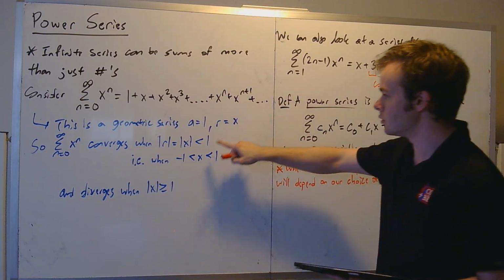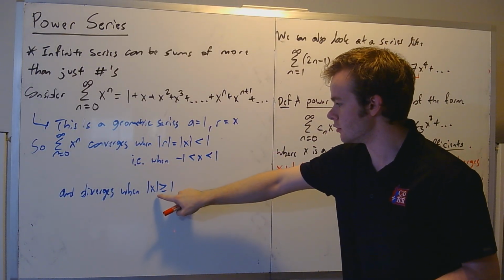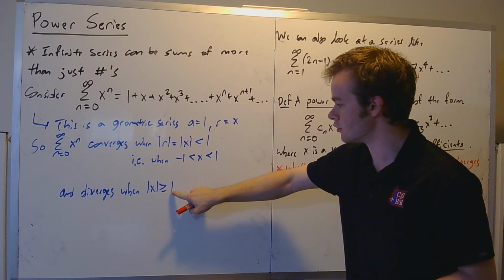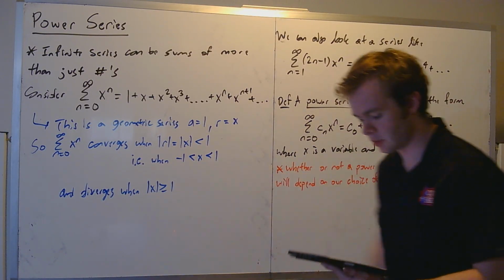Right, because here we saw that if x is between these numbers, then it converges, and if the absolute value of x is greater than or equal to 1, then it's going to diverge.